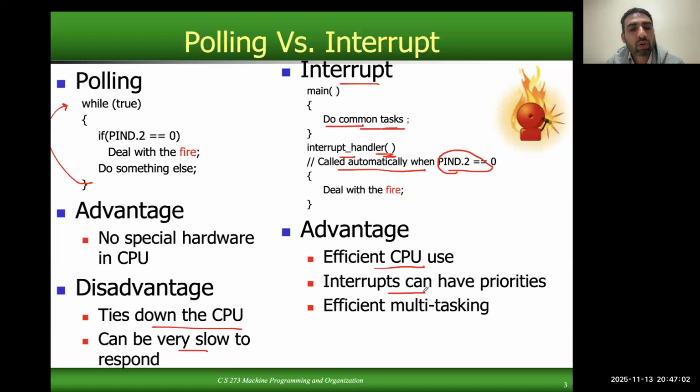However, if we are using polling, we can handle multiple events, but in a round robin fashion, which basically means one after the other. First I check the flag of timer 0 and take some action, then I check the flag of timer 1 and take some action, and after that I check the flag of timer 2 and take the corresponding action.